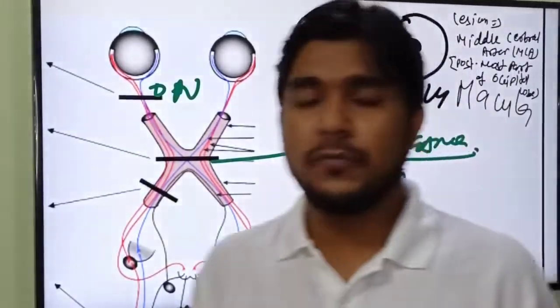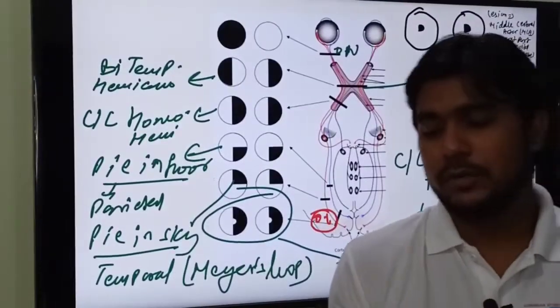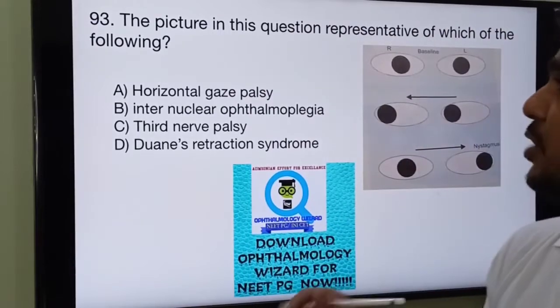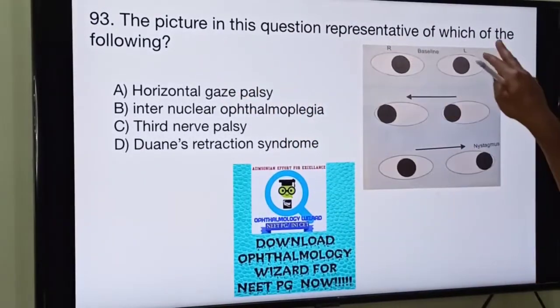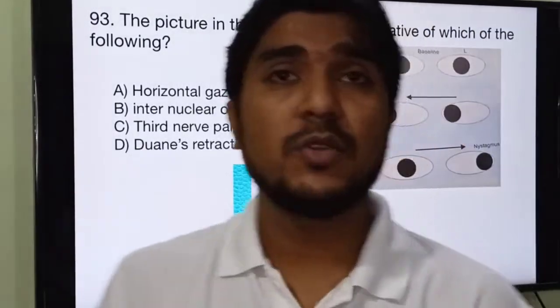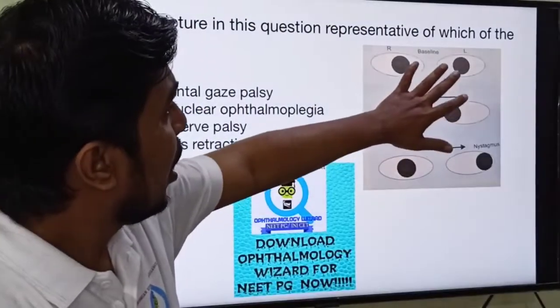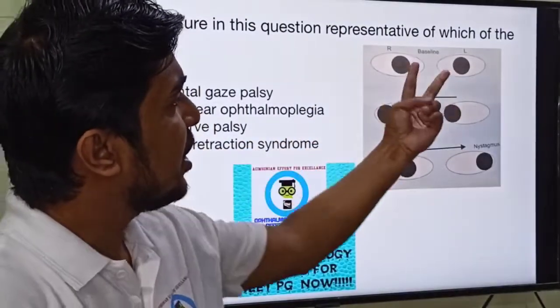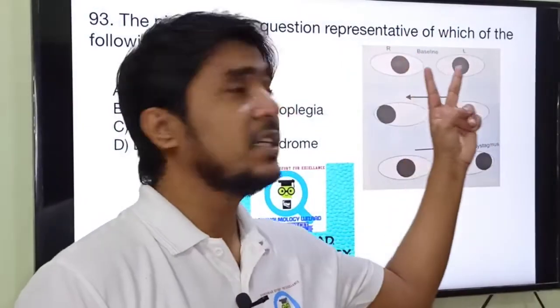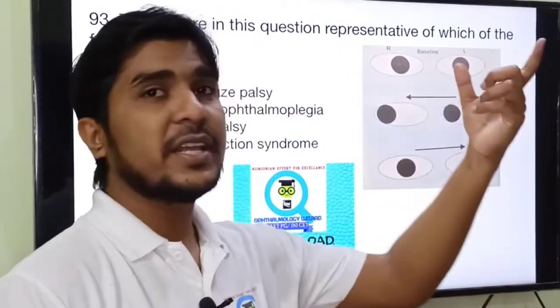This is all about the visual field that you need to know. Very important. Coming to the picture number 3, which of the following does it represent? Can you see this? Normally the patient has a straight primary gaze.